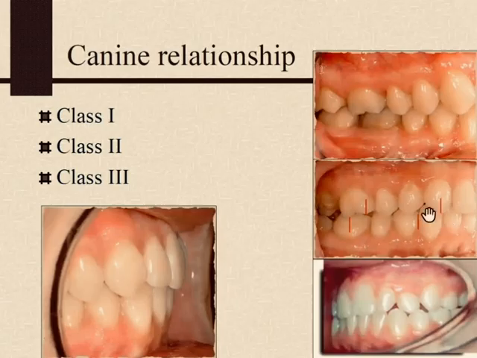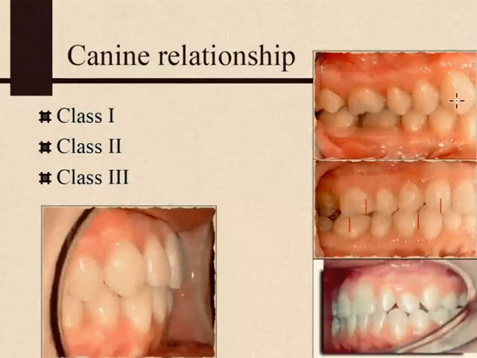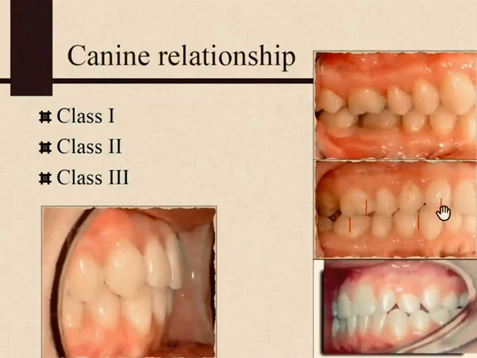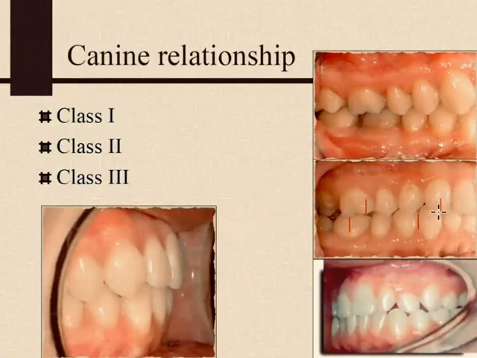So the cusp of the canine occludes in between, and this is called a class 1 relationship, like here. Now if we have an increase, it means that we go more distally to this in between.